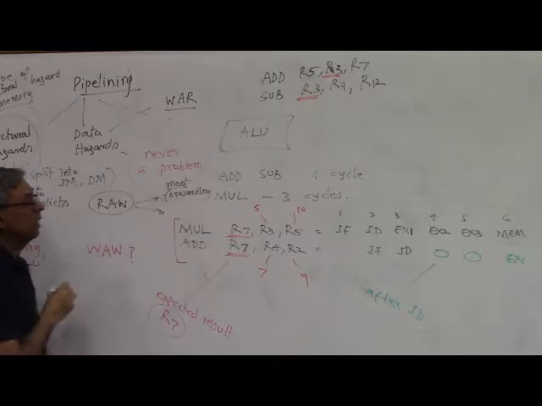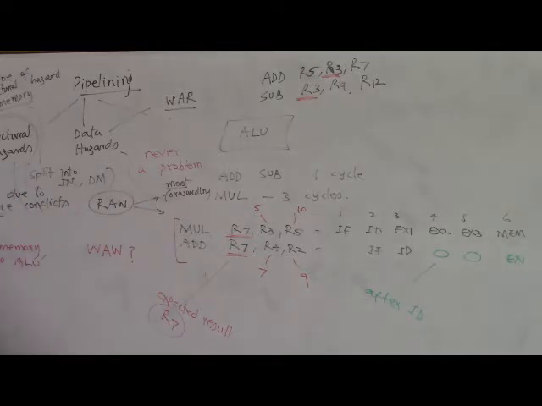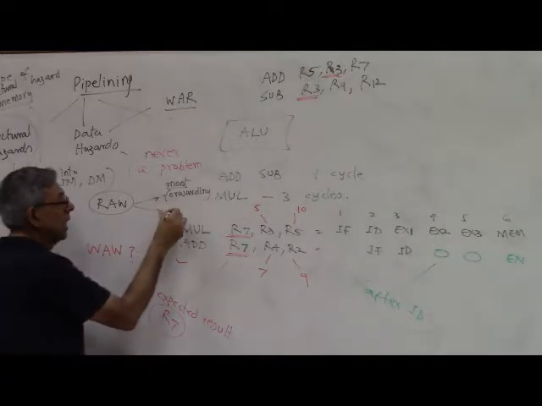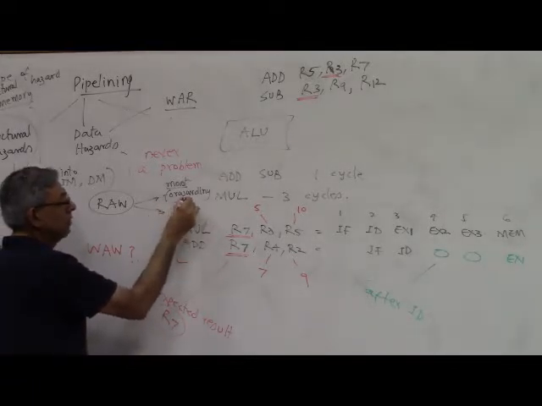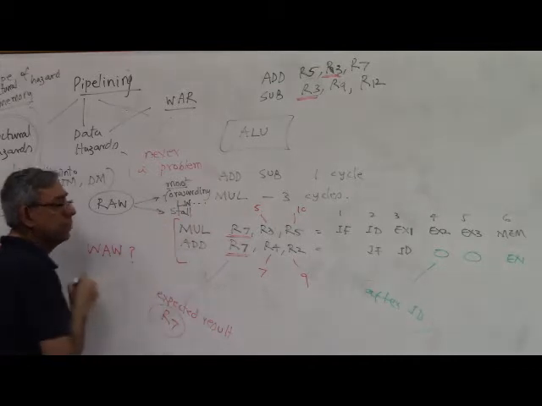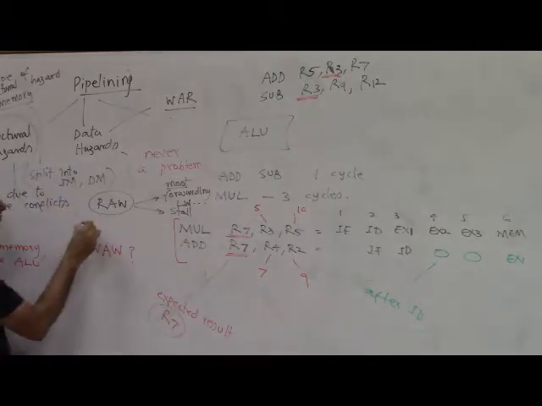There was one category where even forwarding will not help, and that was when a load was followed by an instruction that uses the destination of the load. Then we needed a stall in the case of the load word data dependency.